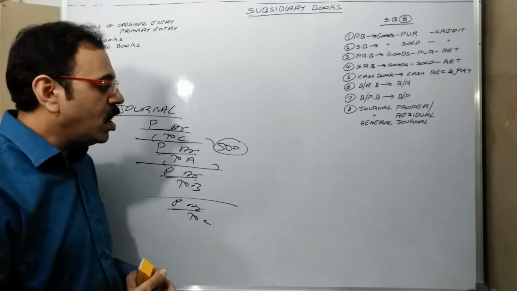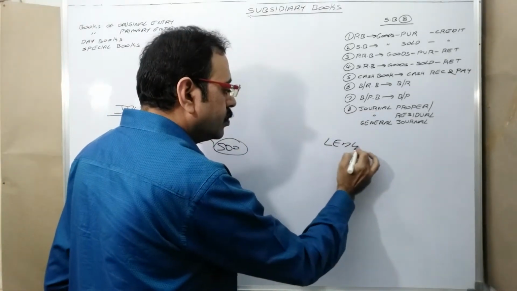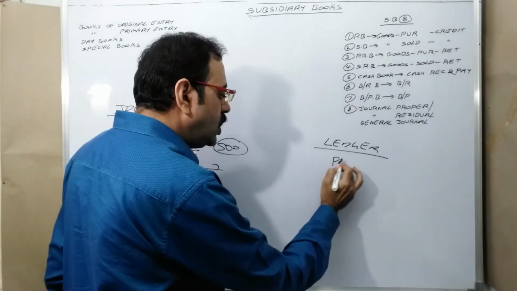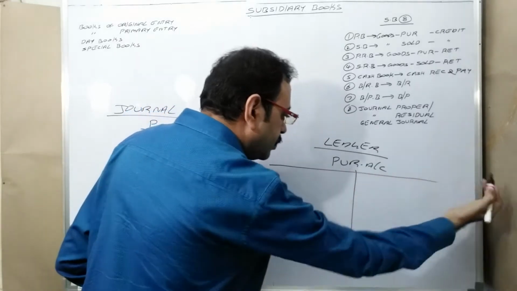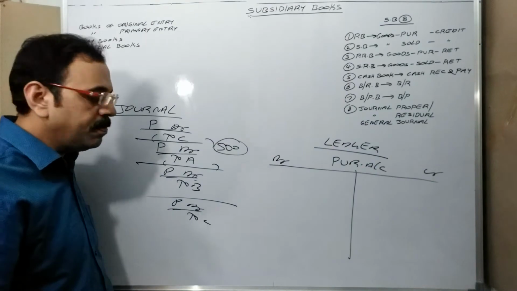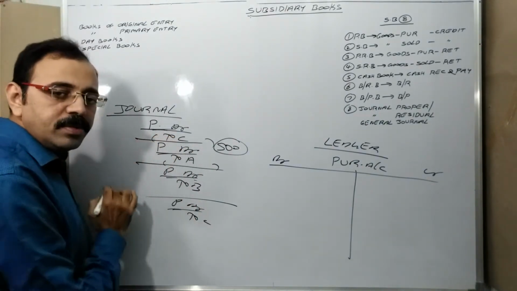Not only that, after journal we prepare ledger, no? In ledger, when you are posting all these transactions in purchase account, observe, in all entries purchases are in debit.